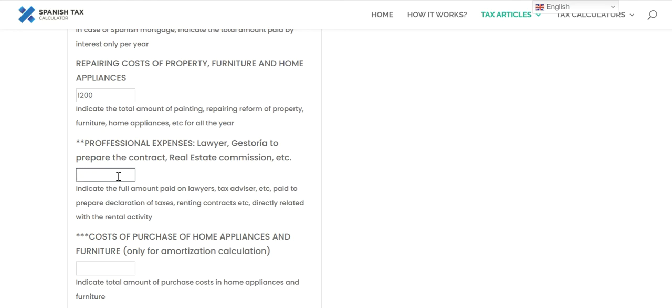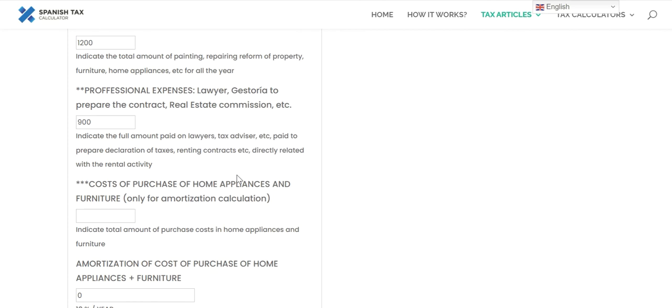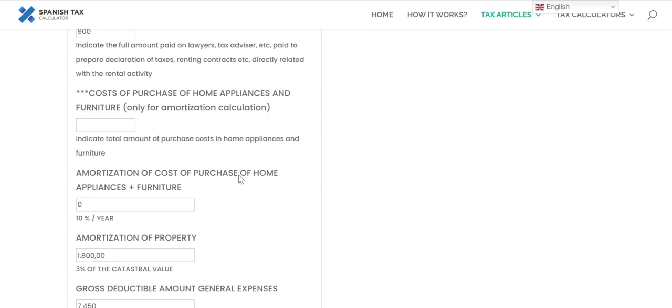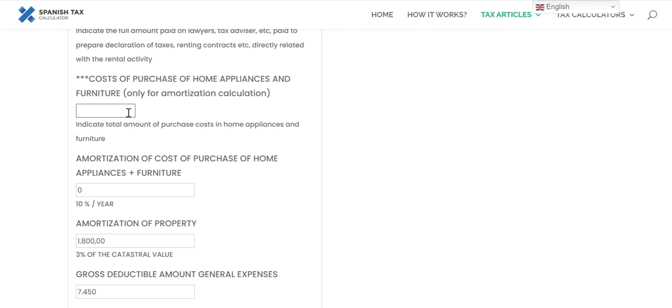So in this case, we will use an amount of 900 that will also be deducted from the base of the tax to pay in case of rent. Also, you have bought a new television, or a washing machine or air conditioning installed in the property, and this is the amount that you can reduce from the rent that you obtain from the property.